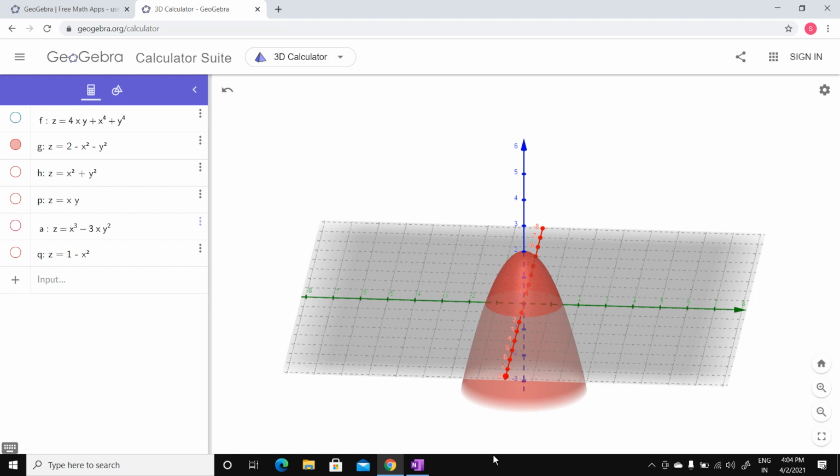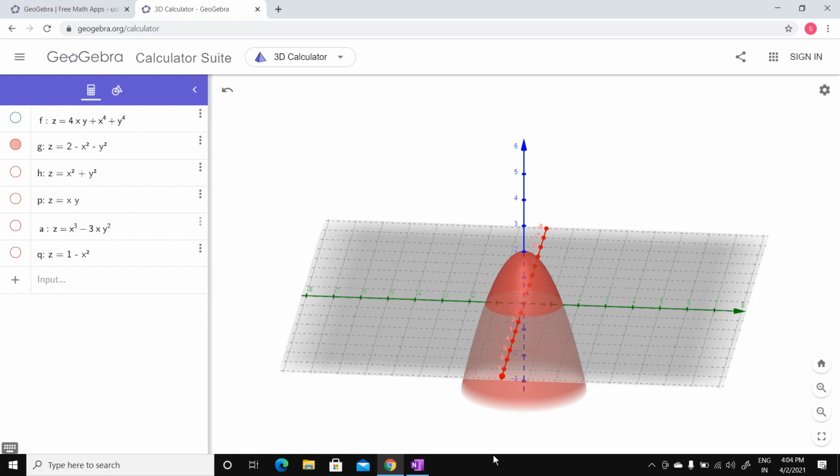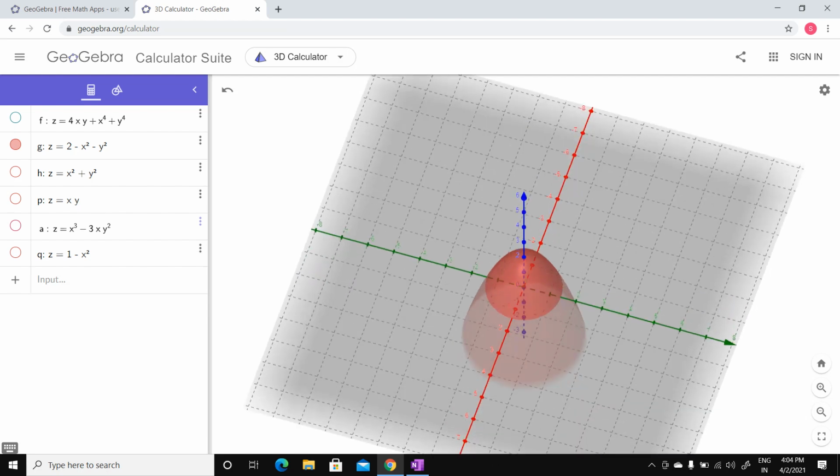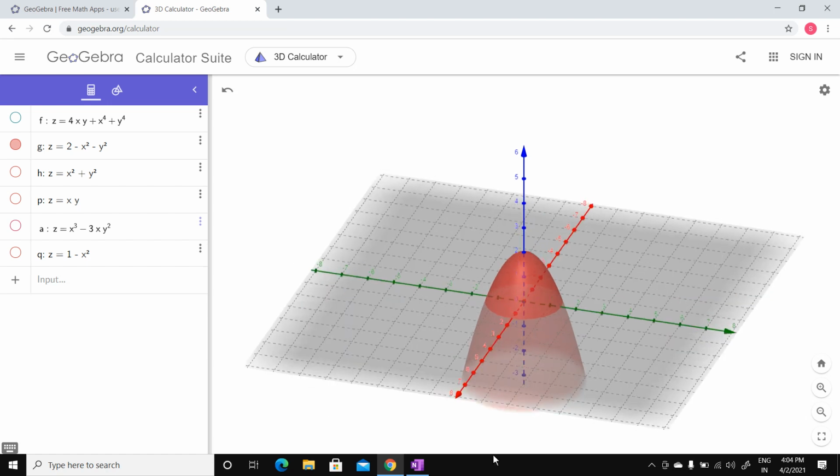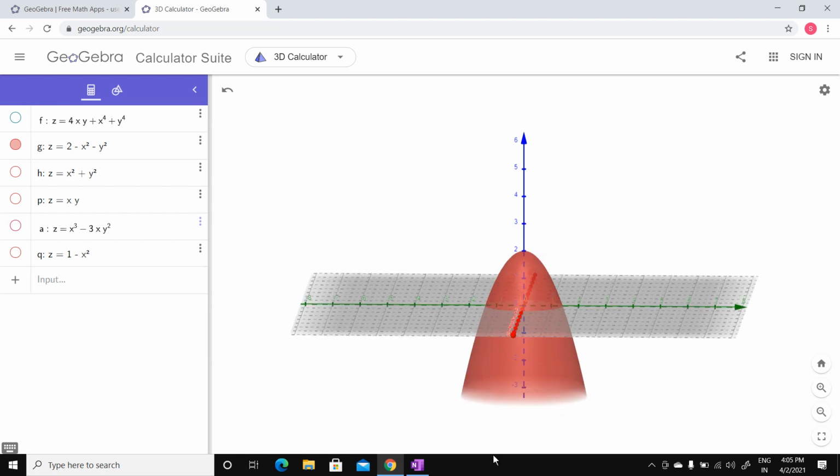Also you can note that at this point, at 0 comma 0, my function is attaining its maximum value, which is 2, correct? Hence I can conclude that 0 comma 0, first of all, should be a stationary point. Why is it a stationary point? Because at 0 comma 0 my tangent plane will be parallel to the xy plane.